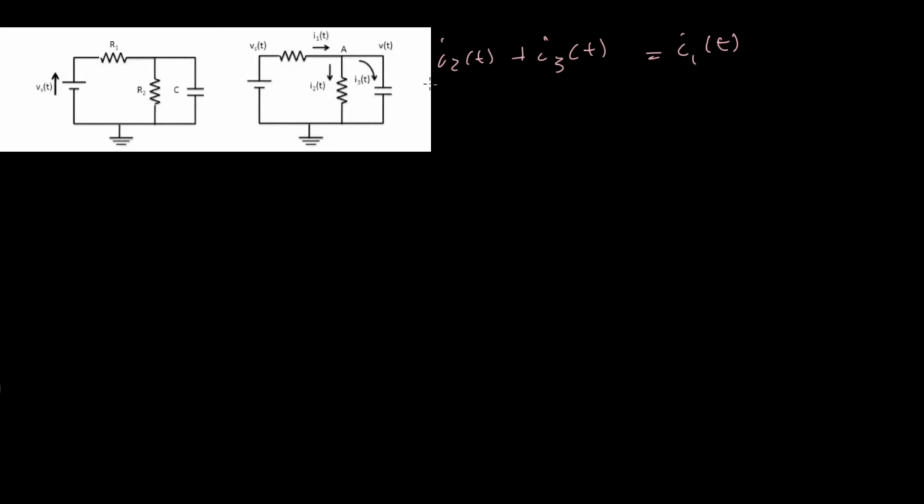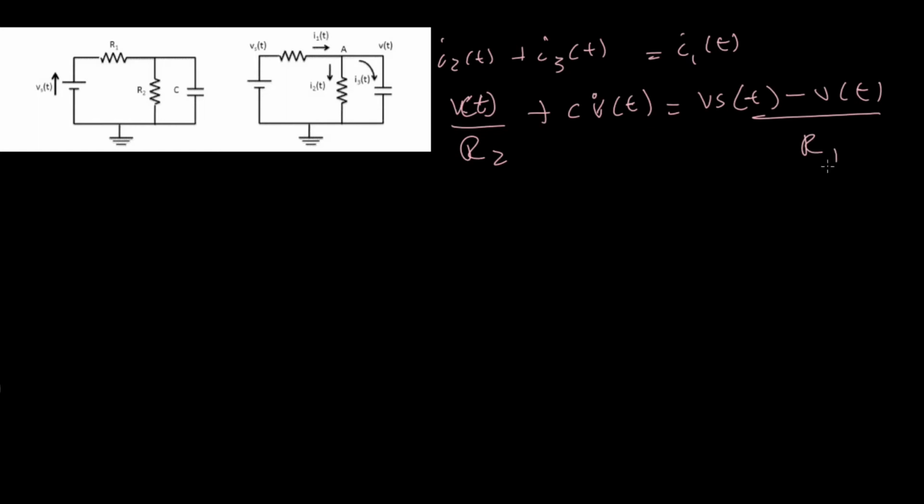Current across the resistor: apply Ohm's law. Current across the capacitor is capacitance times the rate of change of voltage. And again Ohm's law. Very simple.